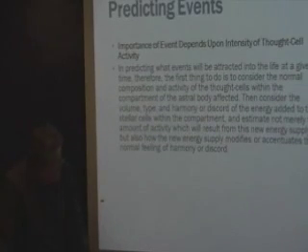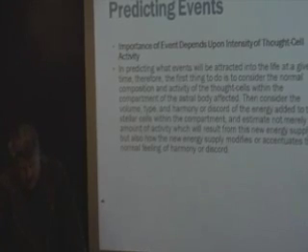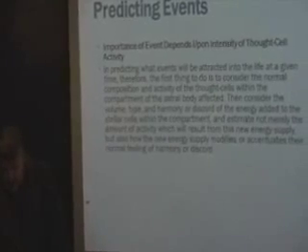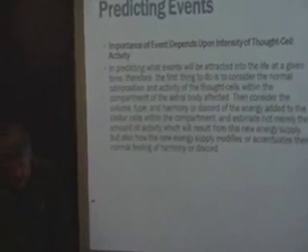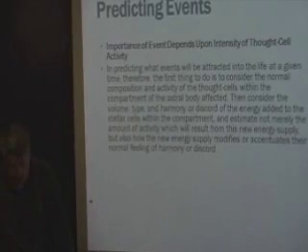So, I do have a quote here, which says, in predicting what events will be attracted into the life at a given time, the first thing to do is consider the normal composition and activity of the thought cells within the compartment of the astral body affected. What does that mean?